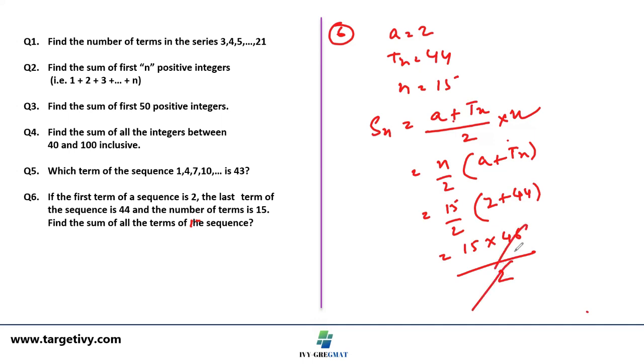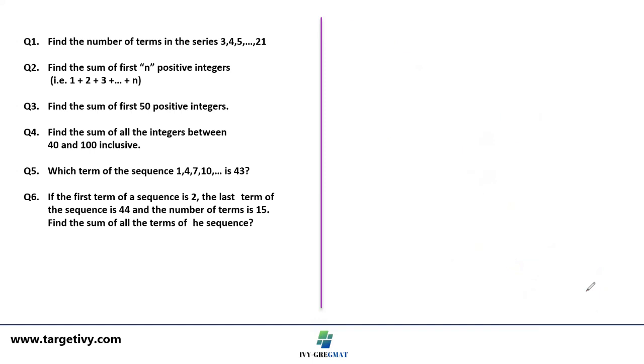We can easily strike it off as 23. So this is 15 into 23, which is equal to 345. Great. So this is the basic required. Not much of hodgepodge here. Okay.